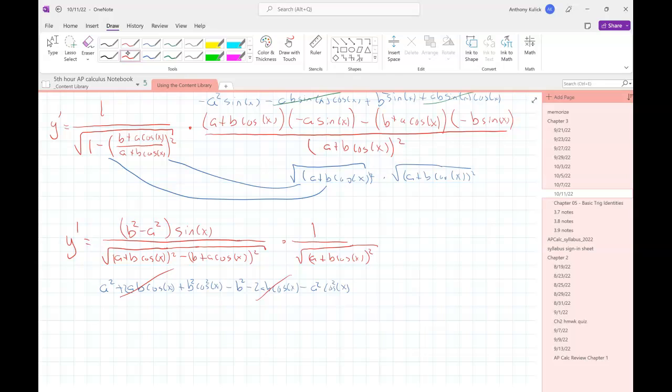So I have these things squared, right? So I FOILed those out and then distributed through the negative on that second one.